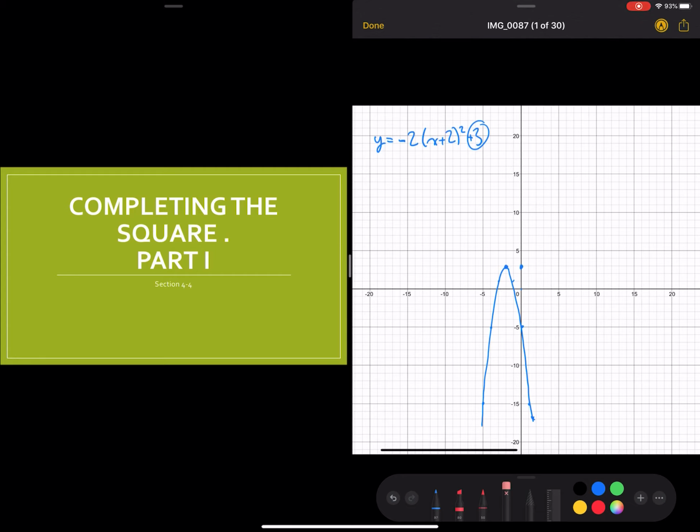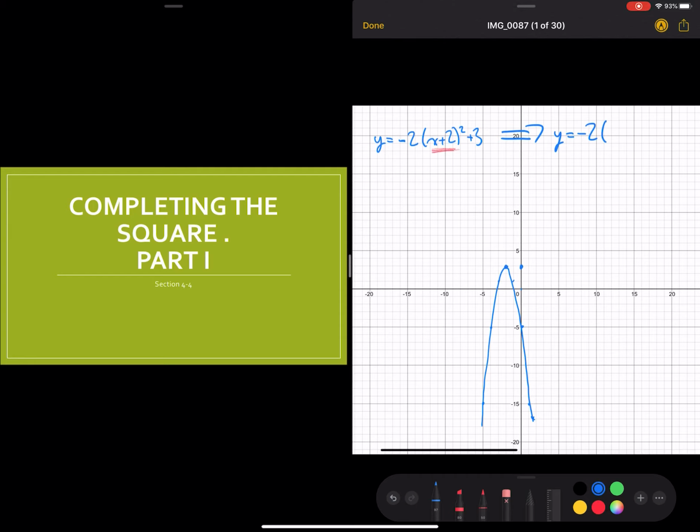But the only reason we were able to graph this quadratic equation was because it was in this form. So we already know how to expand, okay? If I told you to expand this, and I said y equals minus 2 times (x plus 2) squared plus 3, we need to take care of that square.